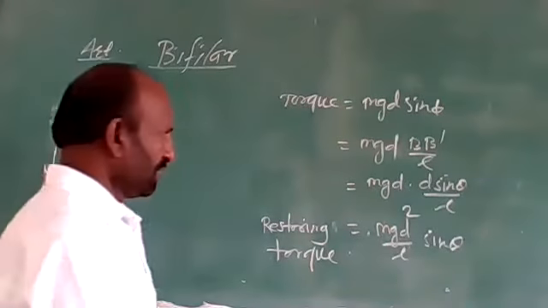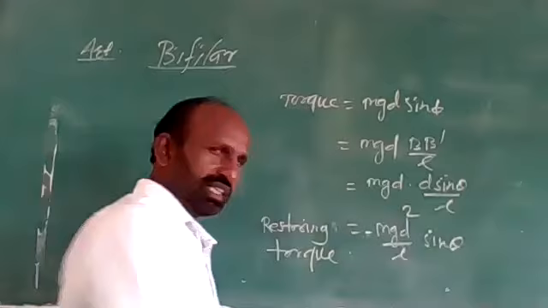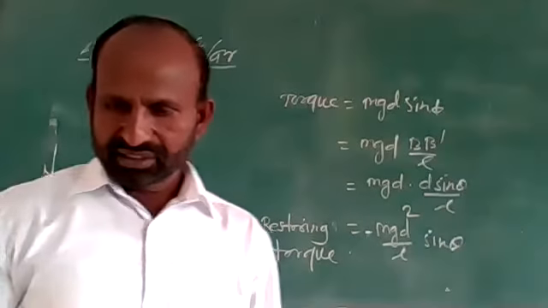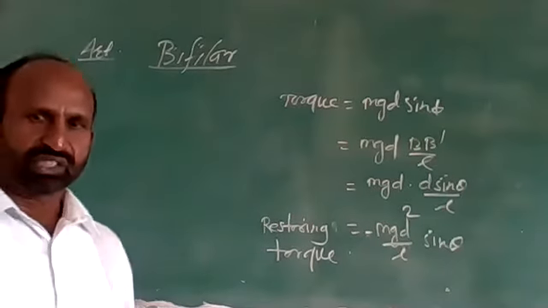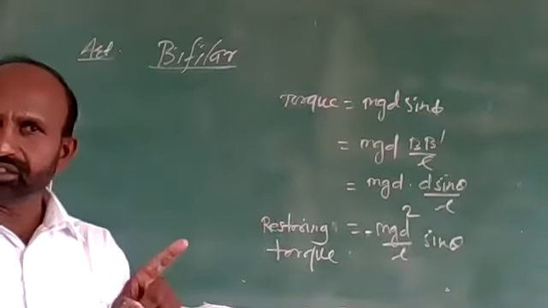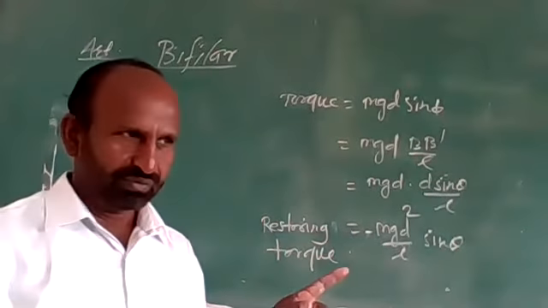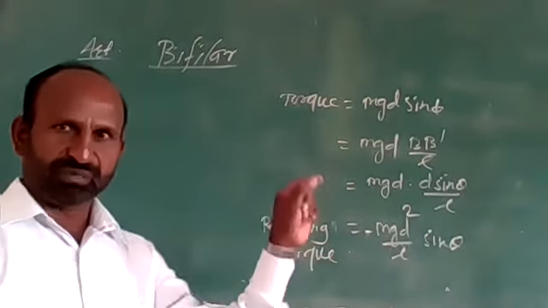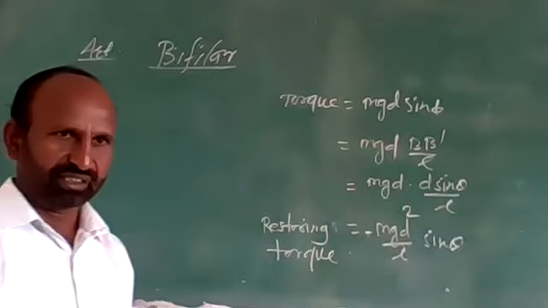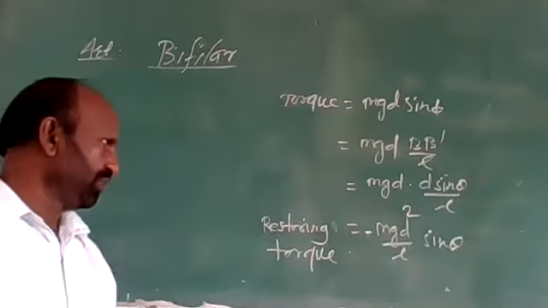Restoring torque is given the negative sign because this restoring torque is always acting in the opposite direction to the displacement of a given body or bar. So it is negative.